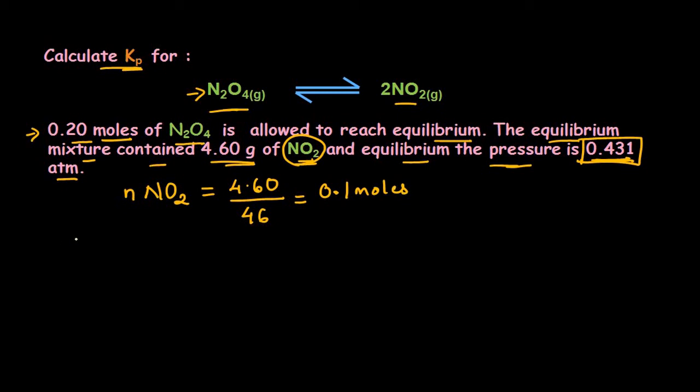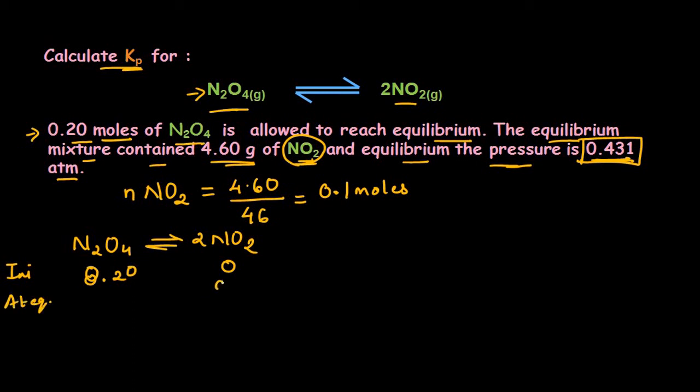Now if we write the reaction again, it is N2O4 in equilibrium with NO2. Now the initial moles are 0.20 moles for N2O4 and 0 for nitrogen dioxide. At equilibrium, we know that the moles of nitrogen dioxide is 0.1 moles. Looking at the mole ratio, here is 2 and here we have 1, so it is a 1:2 ratio.